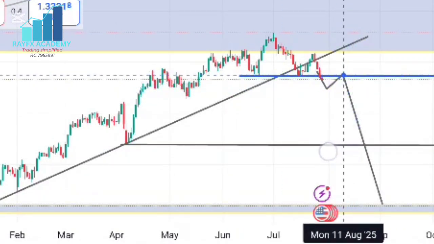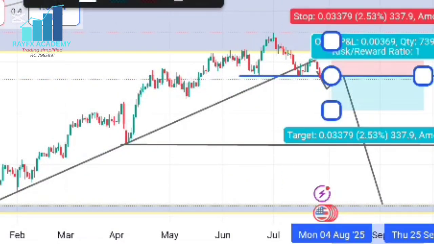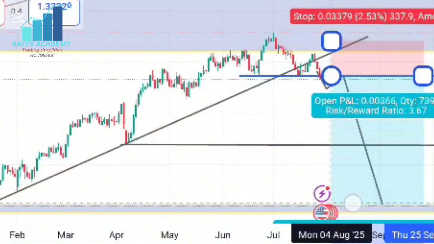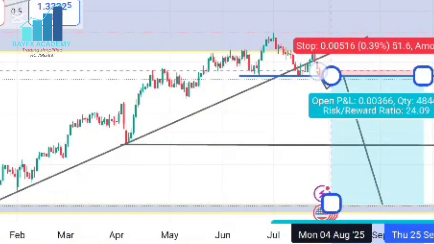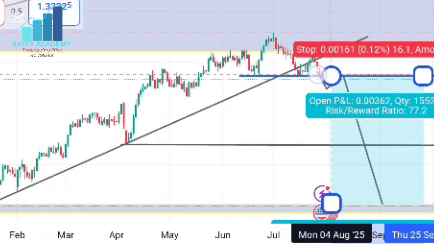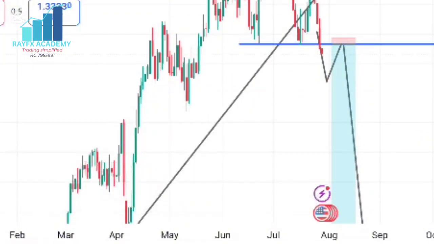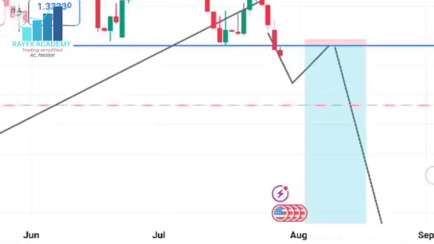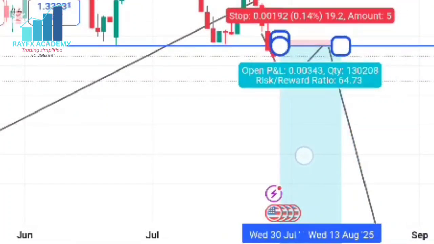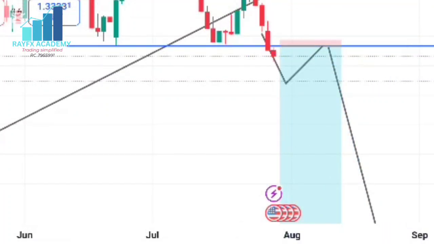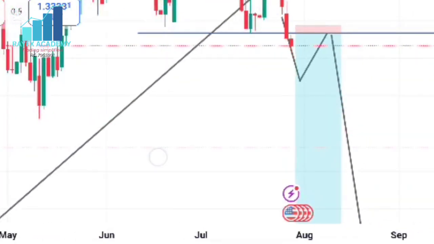So guys, here, this is what we are looking out for on GBP USD. So we can see it here. So this is what we are expecting from GU.